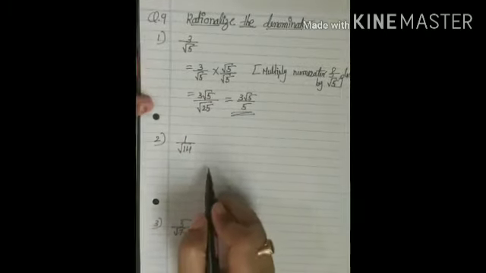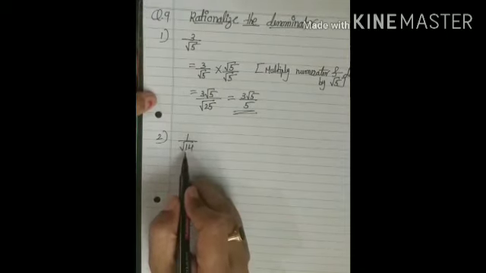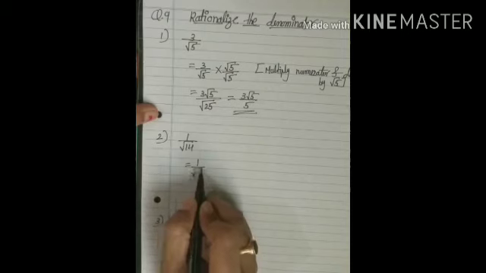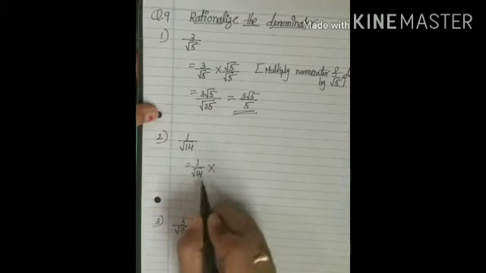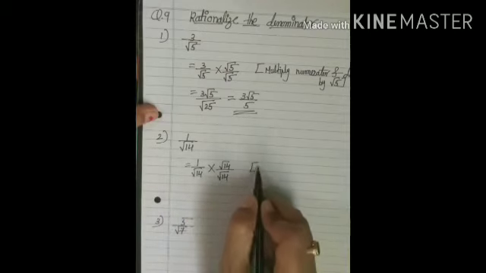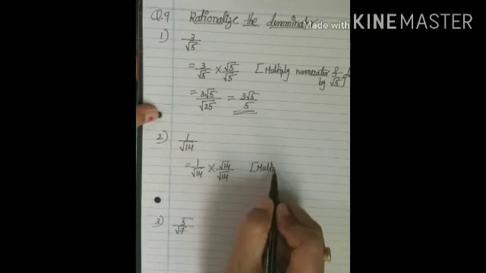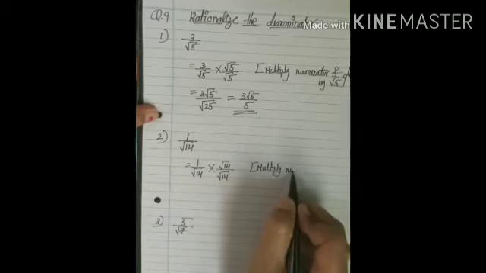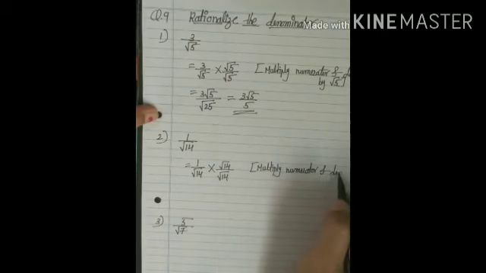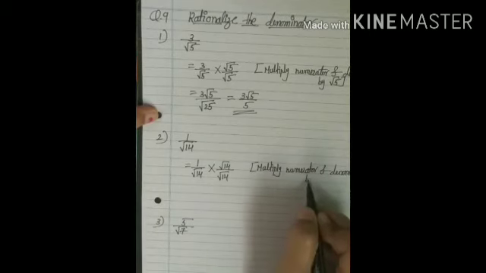Now question number 2, 1 upon root 14. So, children, 1 upon root 14, multiply by which number will we do? Root 14 upon root 14. In the bracket write down: multiply numerator and denominator by root 14.